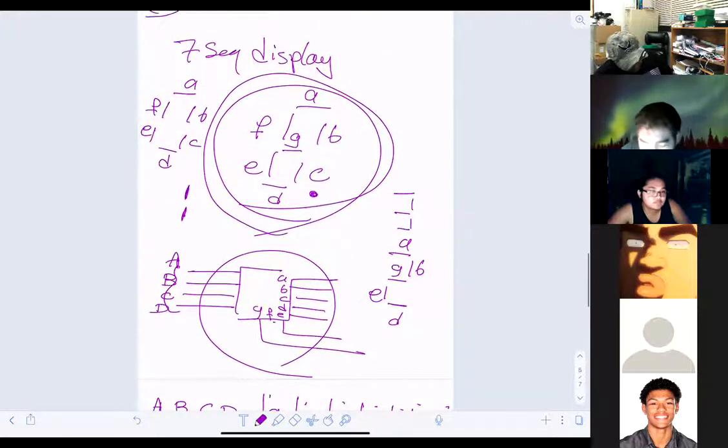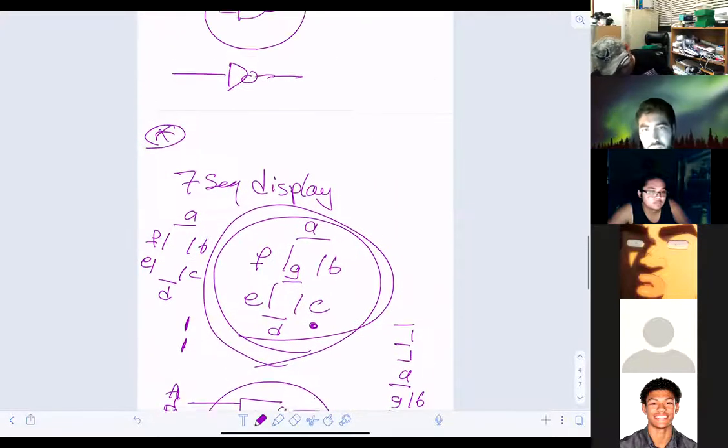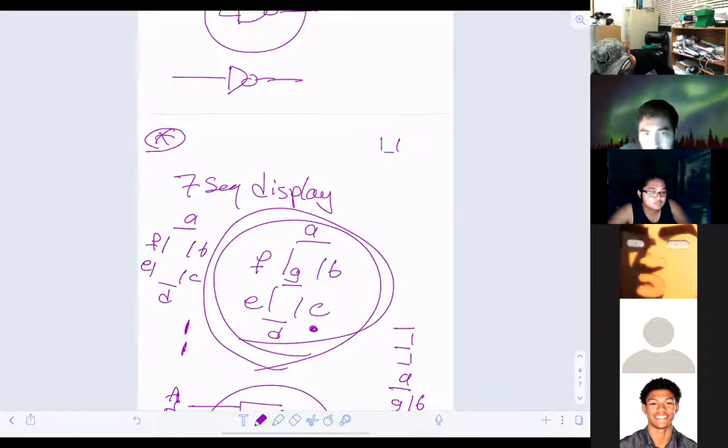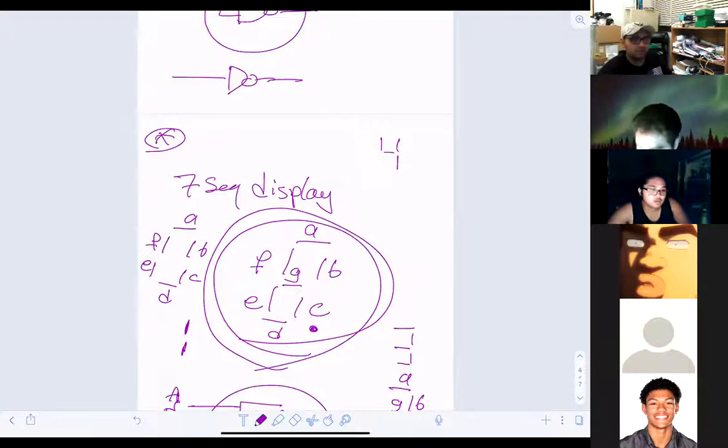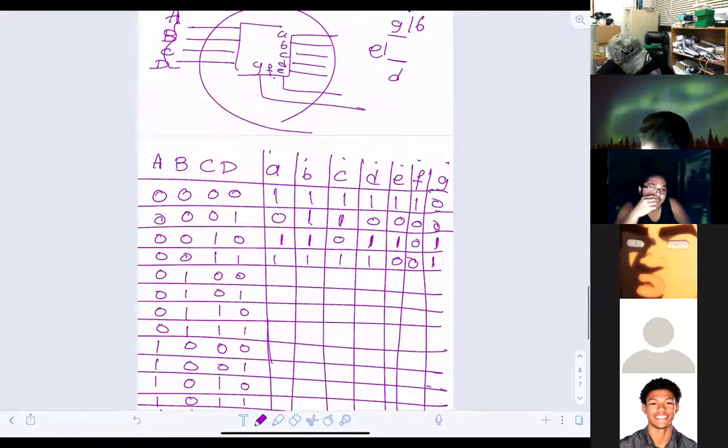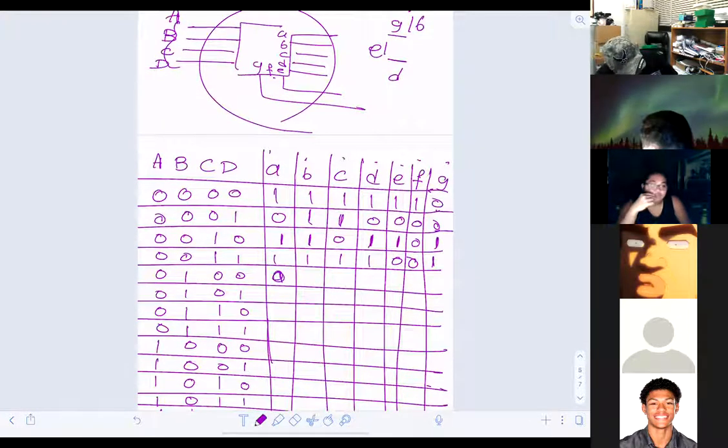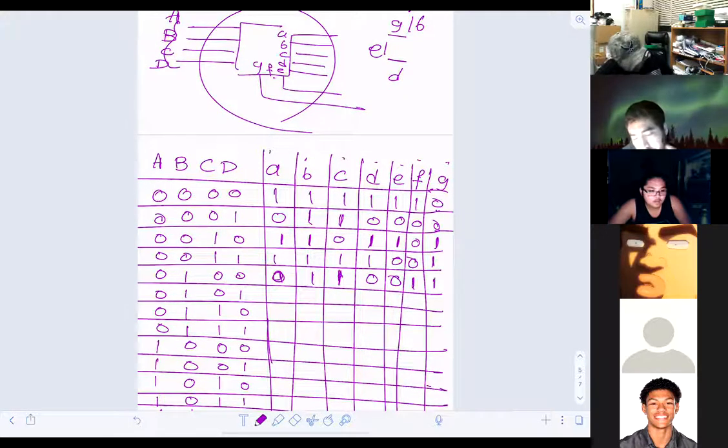Then 4, for instance, like this. In that case, who does not exist? E and D and A. Then you will move forward to the rest.